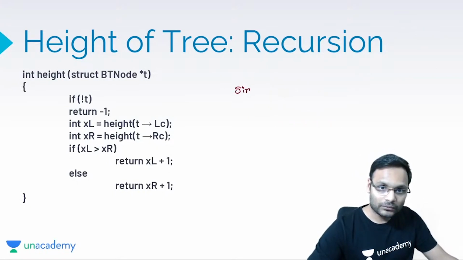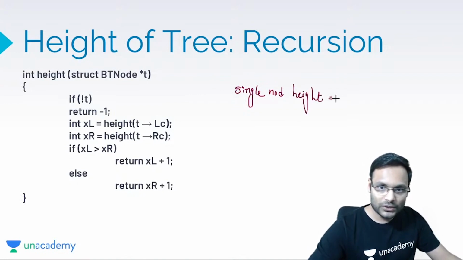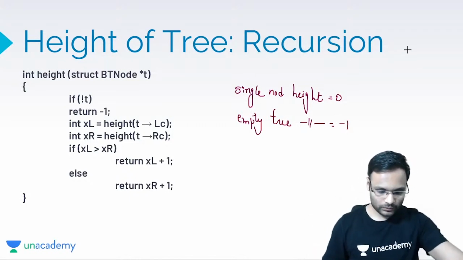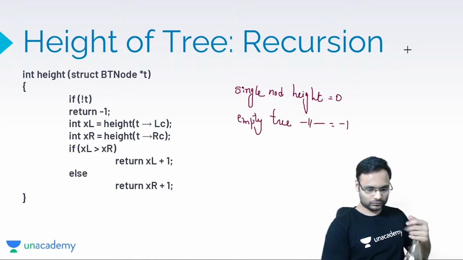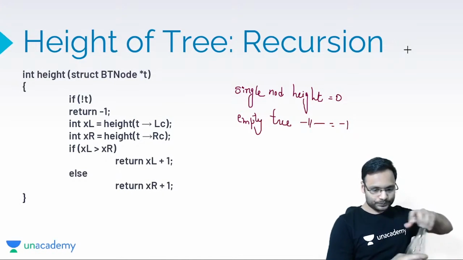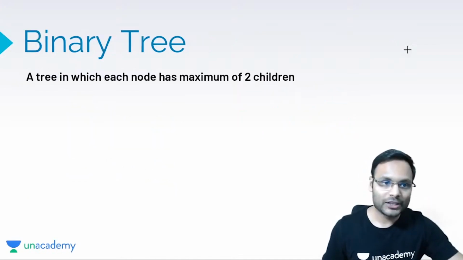Single node height of the tree is equal to 0, and when the tree is empty, height of the tree will be equal to -1. So both I have given. Okay, fine. Let's go ahead.